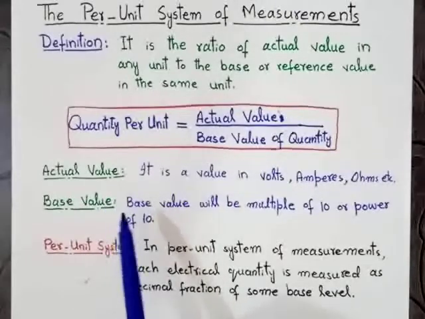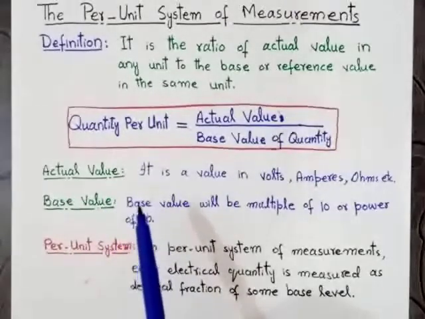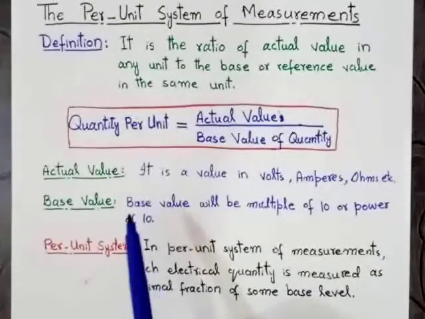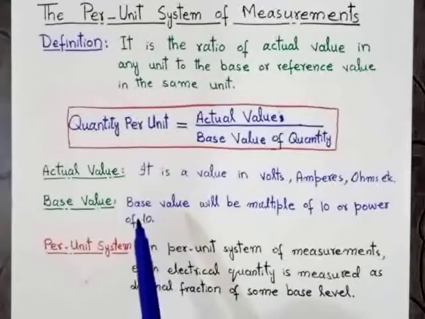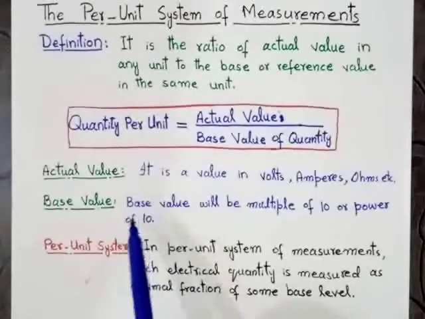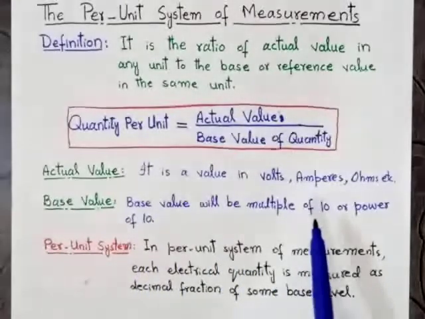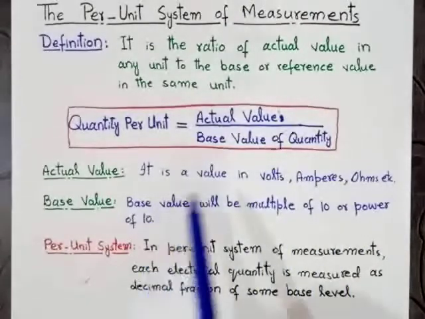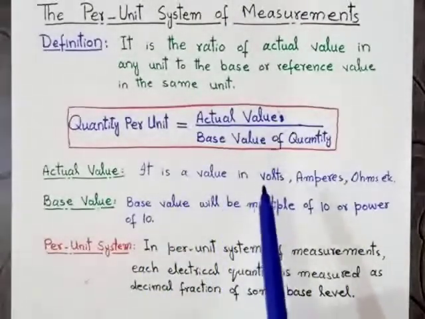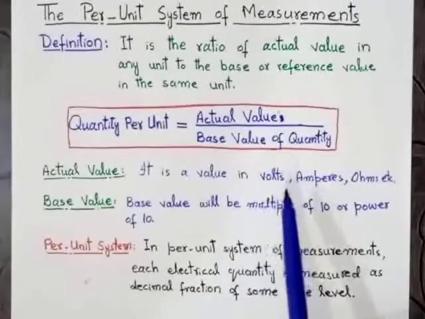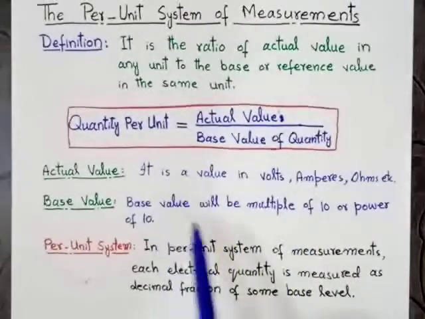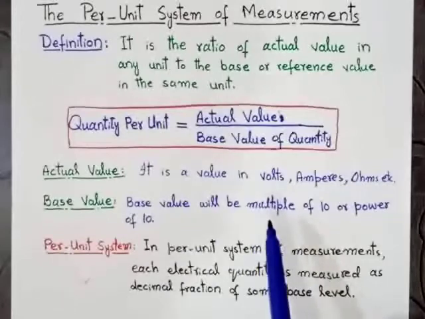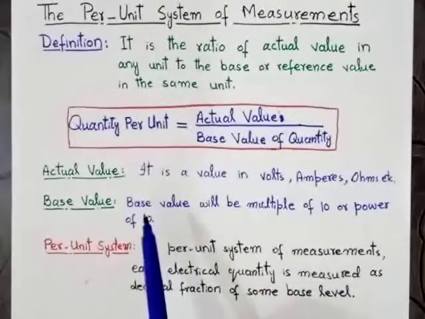The base value can't be 115, because 115 is not a multiple of 10. So the base value should be in the form of a multiple of 10 or power of 10. Actual value can be 30, 20, 25, 21 in this form, but the condition for the base value is a multiple of 10 or power of 10.